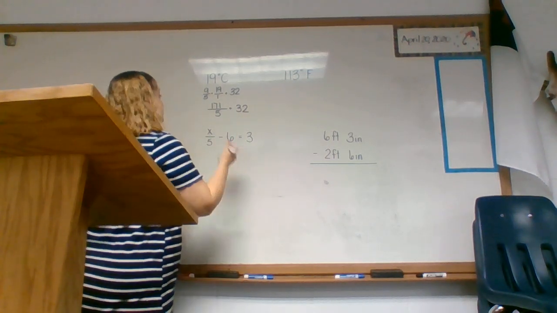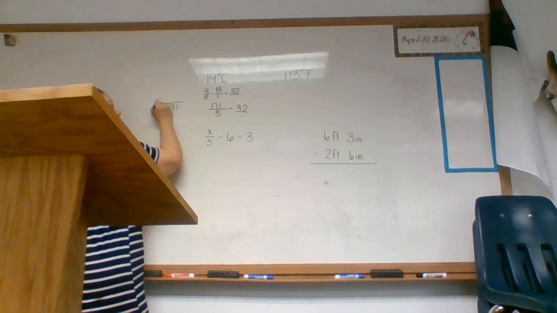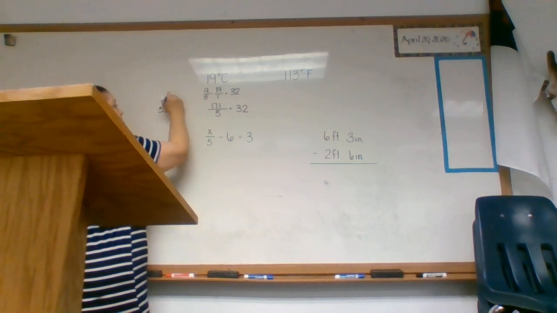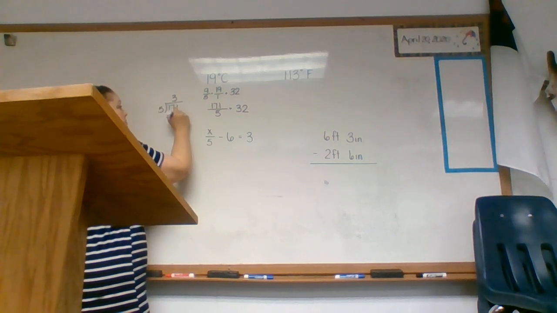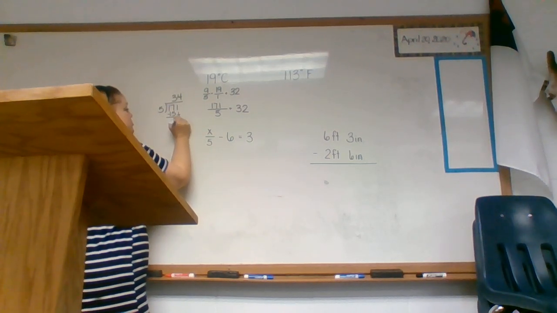171, we can divide by 5. I know it's going to go in 3 times. Well, thinking ahead, 4 times 5 is 20.